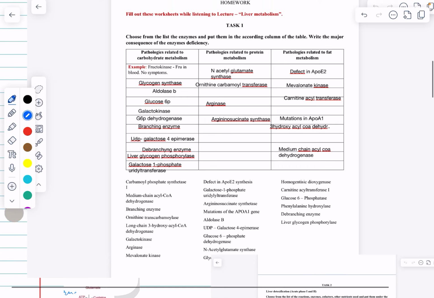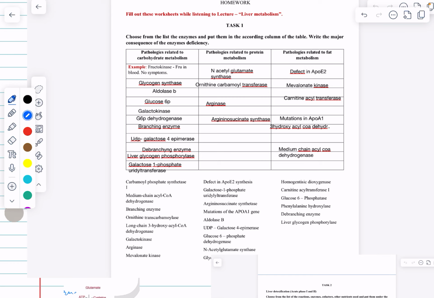So the first task of the homework lecture was to write down these enzymes and the enzyme class or macromolecule each is related to. And I don't need to go in deep for this one, because we've already talked about many of these enzymes.